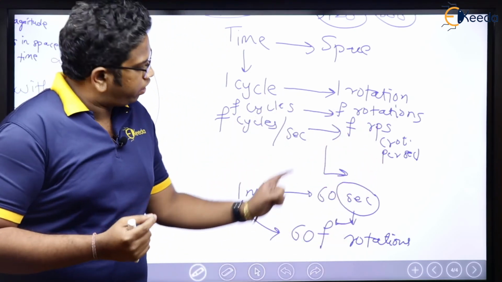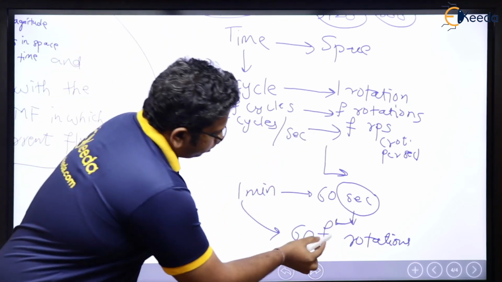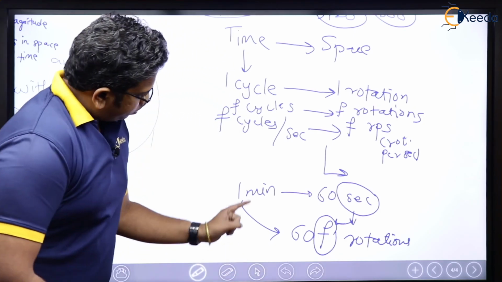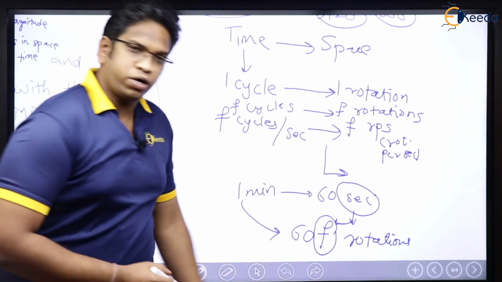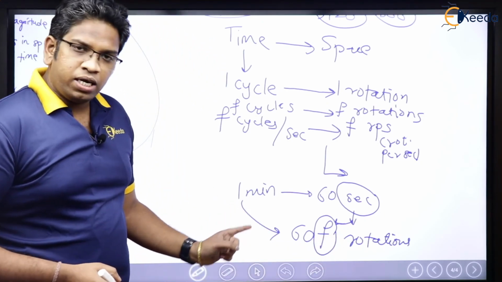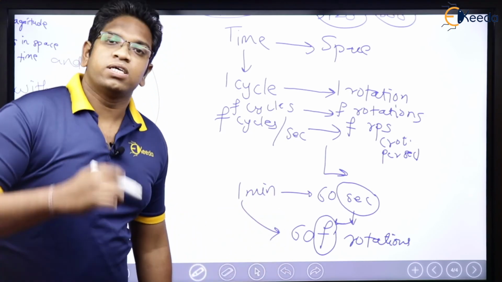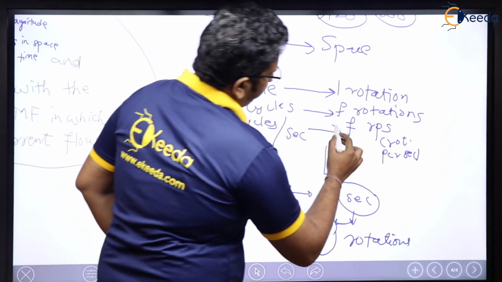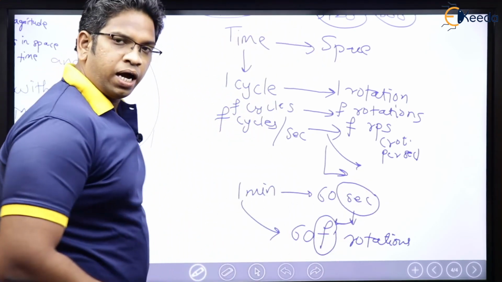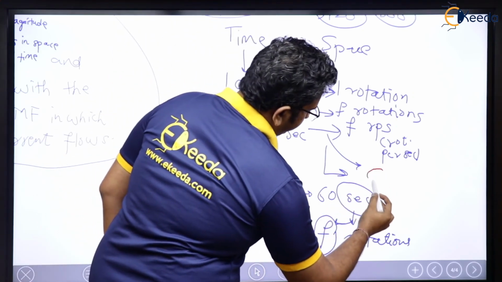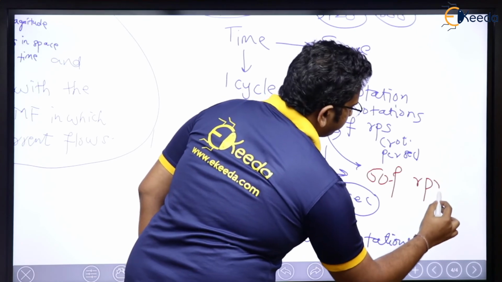Now, 1 minute has 60 seconds, so just multiplying by 60, you will get 60 into F rotations in 1 minute. Which means I will have 60 F rotations per minute. So I can also write it as 60 F rotations per minute.